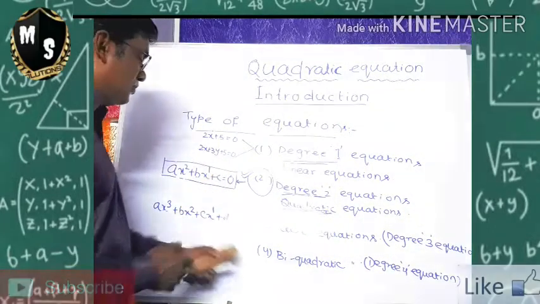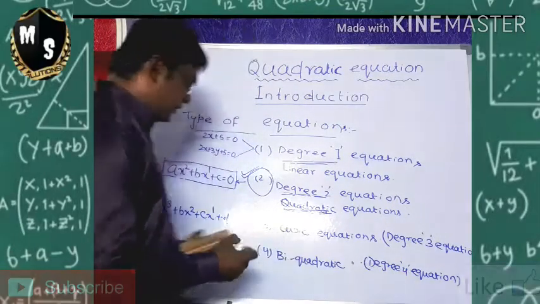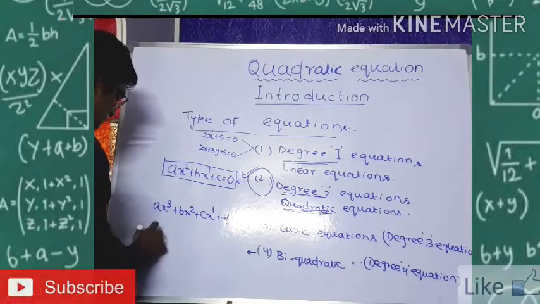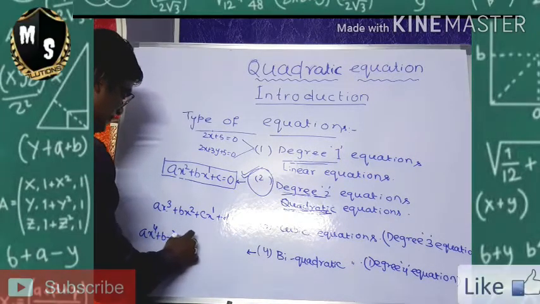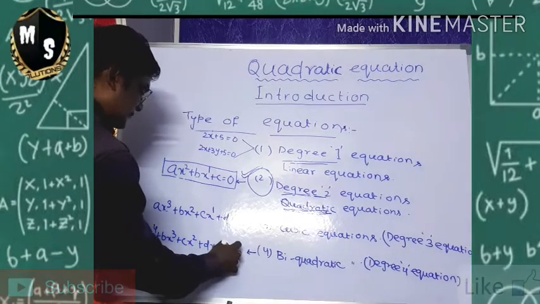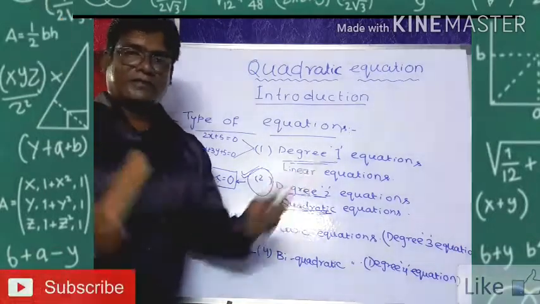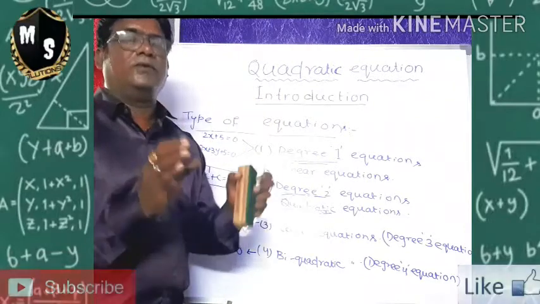Now come to the biquadratic. Biquadratics are the degree 4 equations. The format of the degree 4 equation is ax to the power 4 plus bx cube plus cx square plus dx plus e is equal to 0. These are the formats. Formats are like the door numbers in front of your door; according to the door number, I will go to your house.